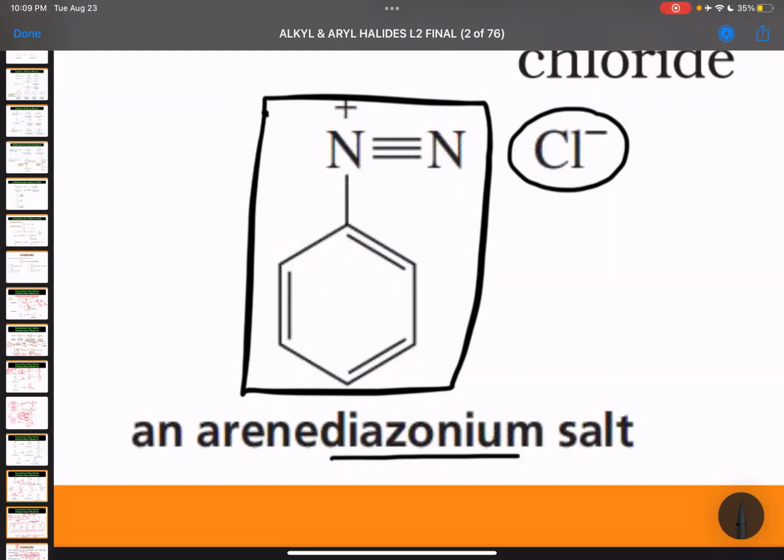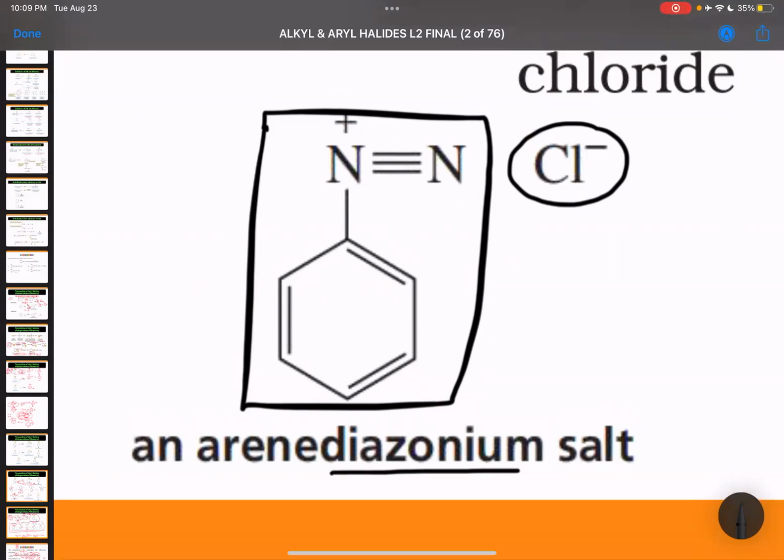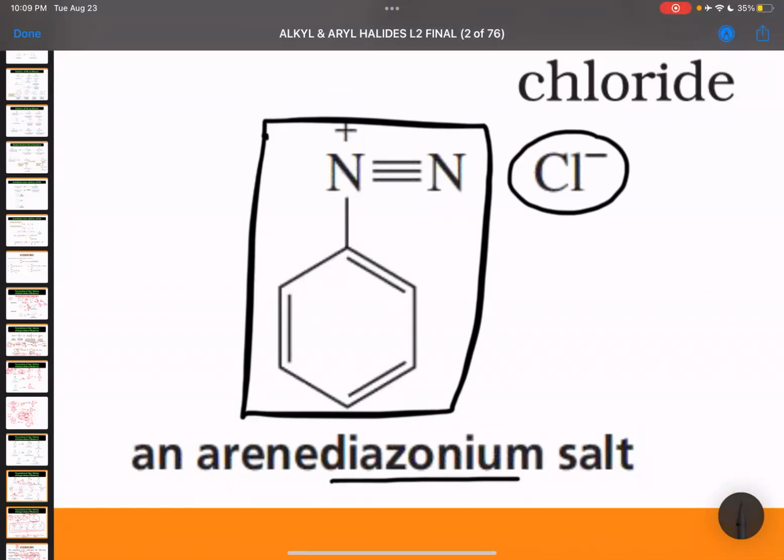This arene diazonium compound which you are seeing on the screen is not only for the preparation of chloride, bromide, iodide. It is used for the preparation of phenol. It is used for the preparation of benzonitrile, meaning you can attach CN. You can attach many other groups also.